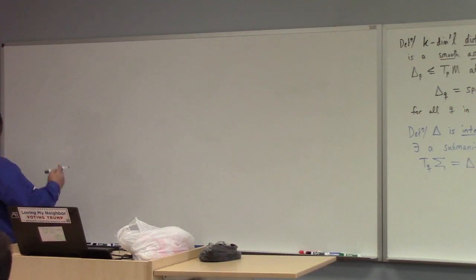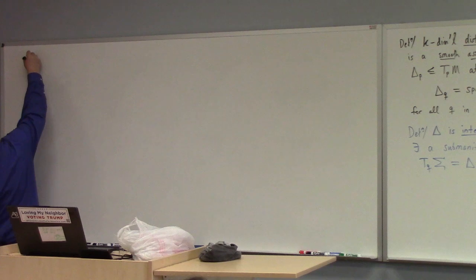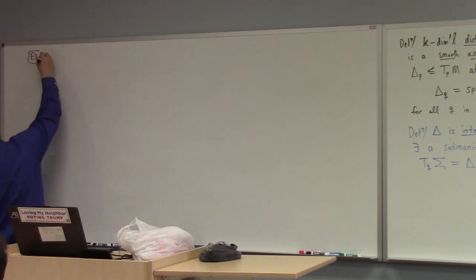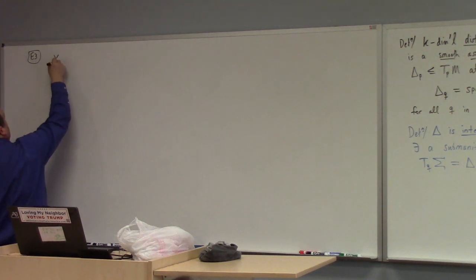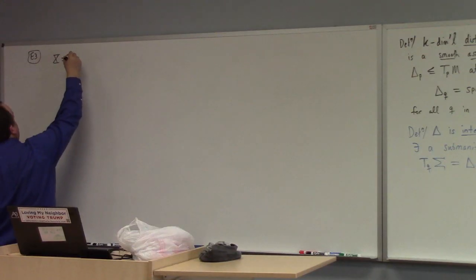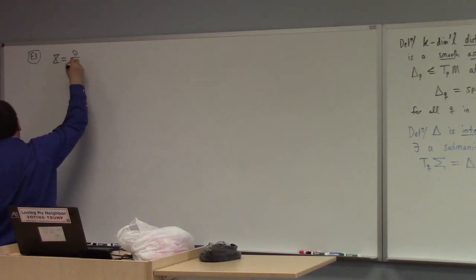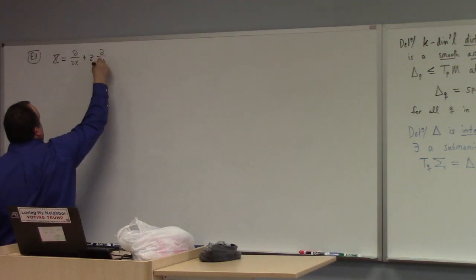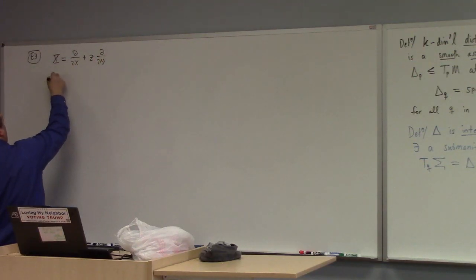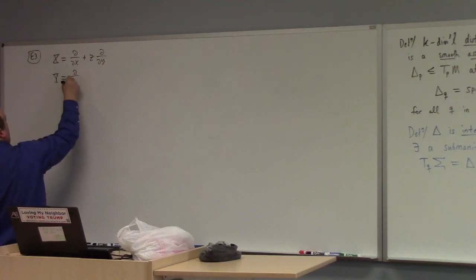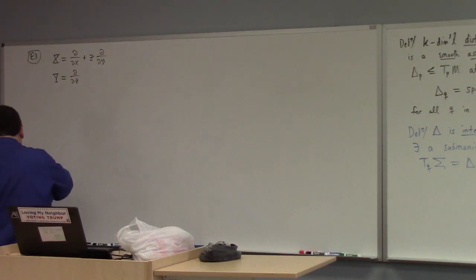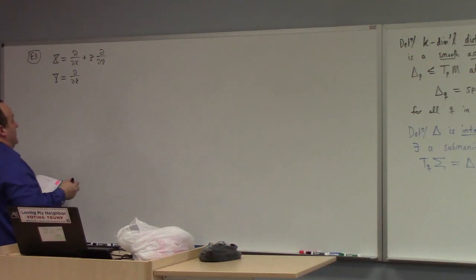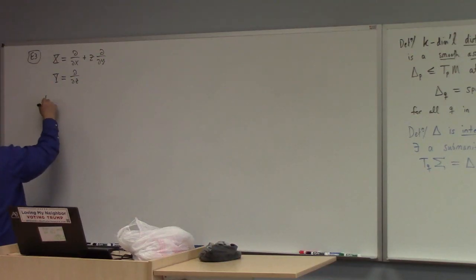We have a vector field X equal to partial x plus z partial y, and we have Y equal to partial z.